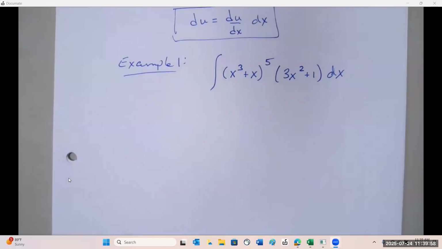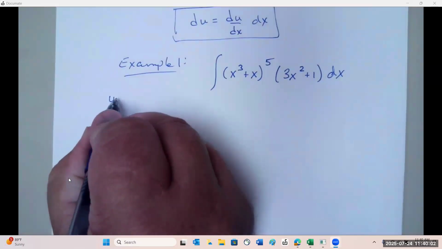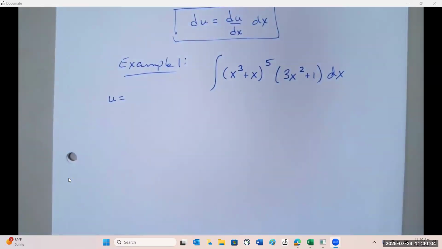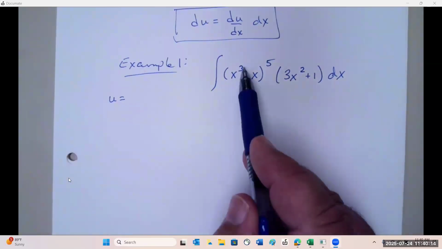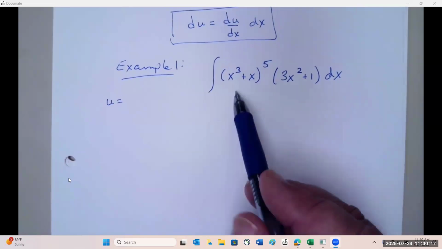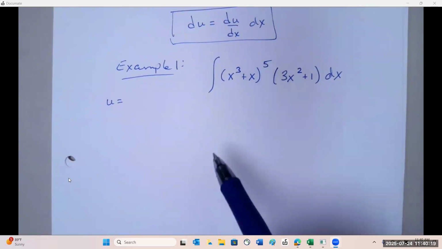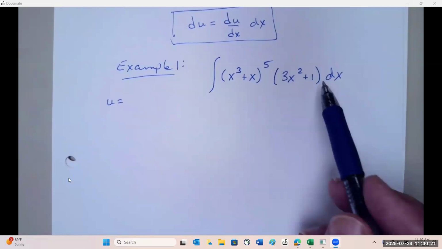When using substitution, the hardest part is figuring out what is my u. You have three different parts here. You have x cubed plus x, you have this parenthesis raised to the 5th, or you have 3x squared plus 1.